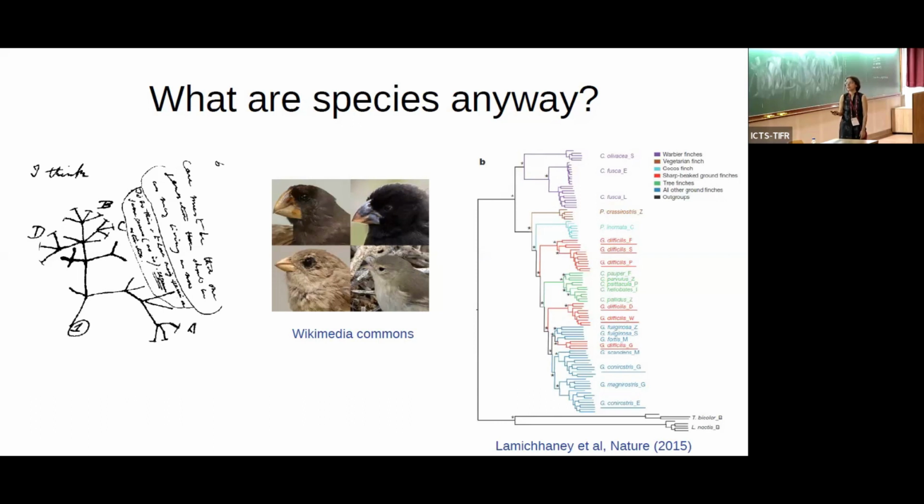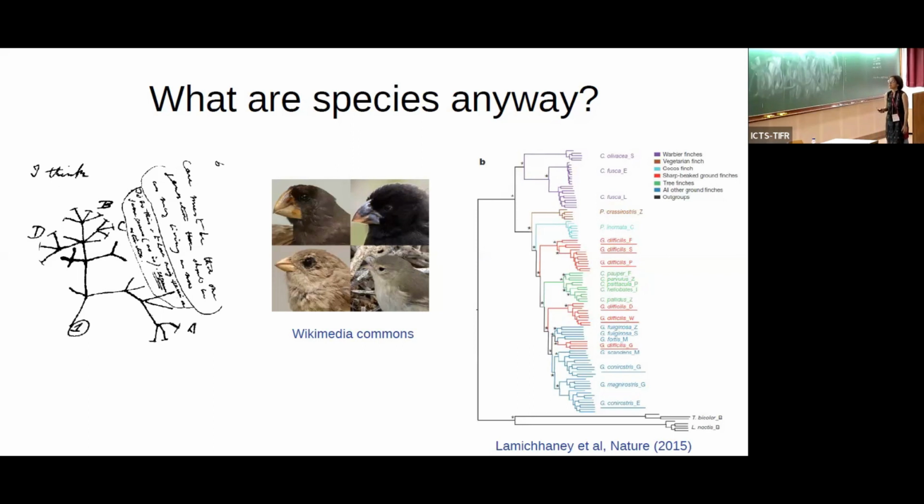One could try and focus on any one of these most recent splitting events, and one might end up thinking about species which look quite similar to each other. So this is the famous example of Darwin's finches, which I think also inspired some of Darwin's observations.